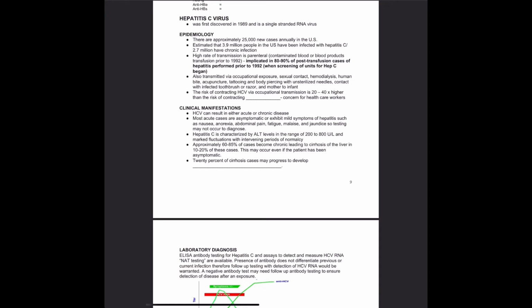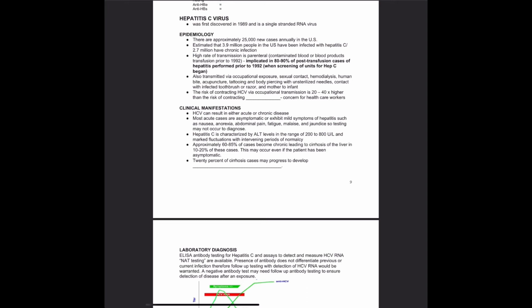Also from mother to infant. The risk of contracting hepatitis C virus via occupational transmission is 20 to 40 times higher than the risk of contracting HIV, and this makes it a significant concern for healthcare workers. The clinical manifestations: hepatitis C can result in either acute or chronic disease.